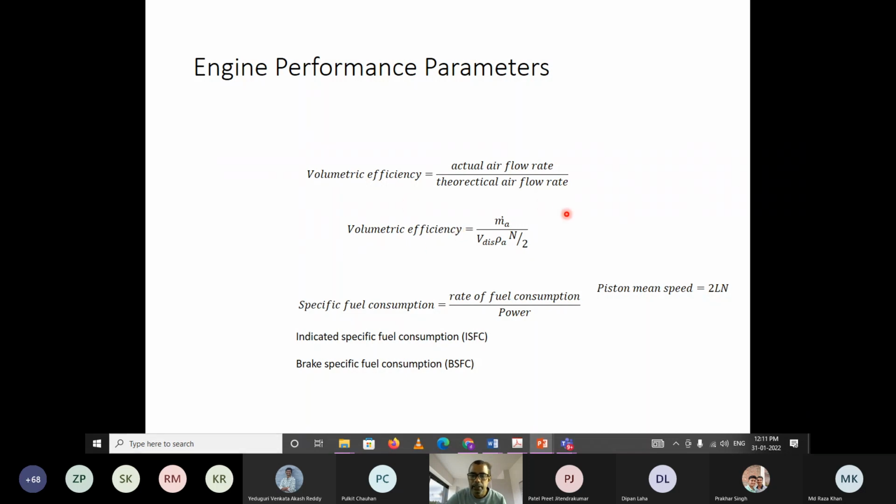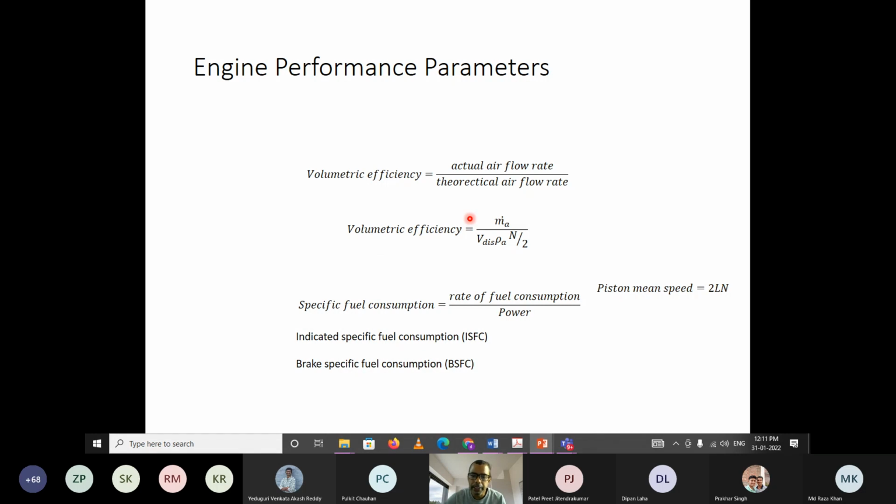If you remember, we discussed that the volumetric efficiency of the spark ignition engine can vary from around 20% to around 75 to 80% at most, depending upon how much the throttle is opened.